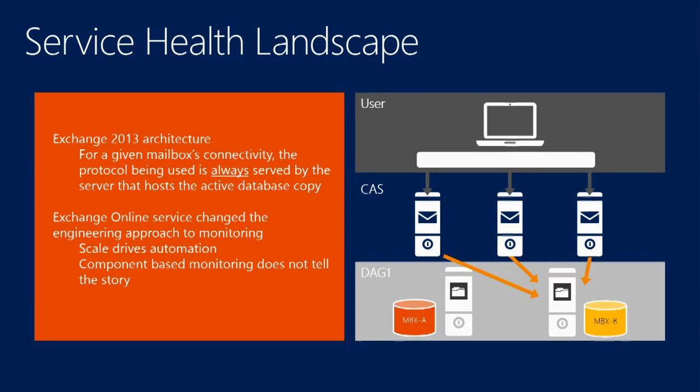As a result of that architectural change, we also had to change the way we do monitoring of Exchange. Typically and historically, when we talk about monitoring Exchange, we're talking about monitoring it via some external means. We still have the ability for you to do that, but that's not the way we do monitoring in Exchange anymore. Now the monitoring is all internal.